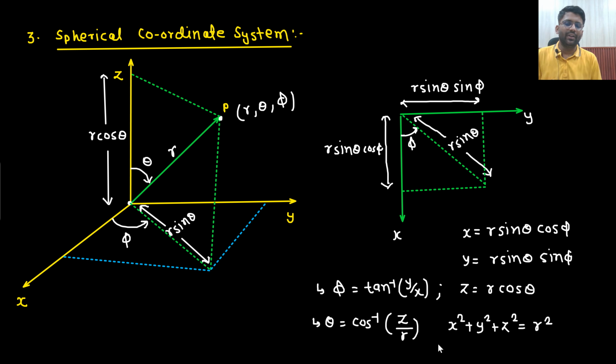What we need to see is r, the distance from the origin. What is r? R is the distance from the origin. What is theta? Theta is the angle made with the positive z-axis in the downward direction. And what is phi? Phi is the angle made by the positive x-axis in the anti-clockwise direction with the projection of the position vector r.